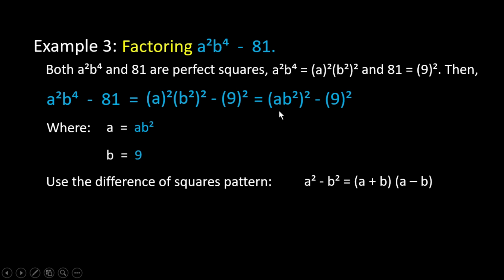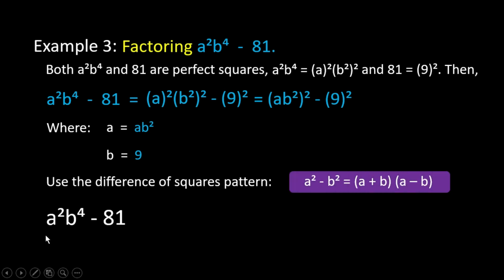Yung value ng a is ab squared at saka yung value ng b ay 9. Then, so yung factor ngayon ng a squared b to the 4 minus 81, tapos isulat natin as to the pattern. So, meron tayong ab squared to the 2 minus 9 squared.